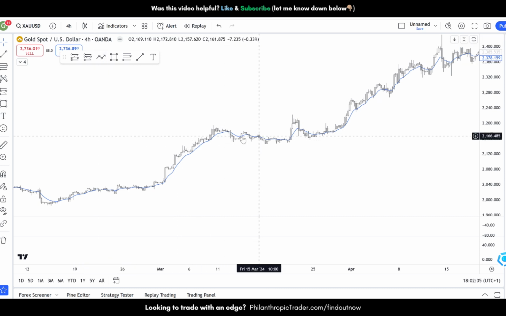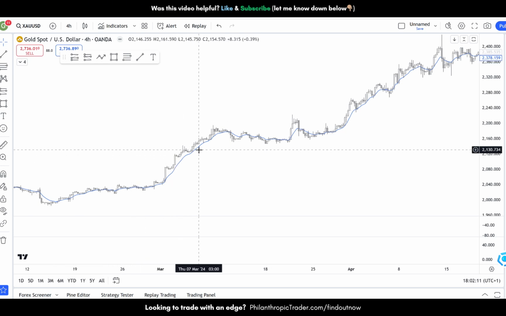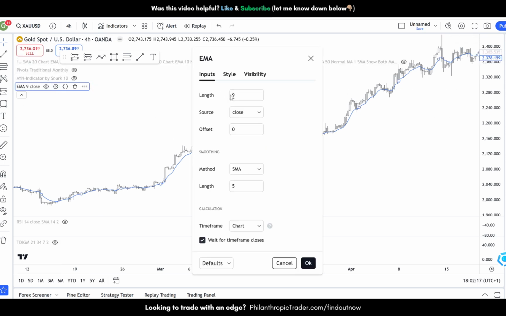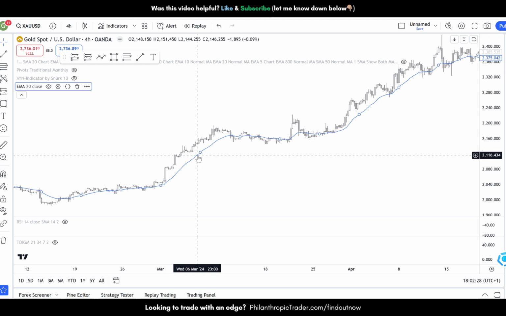Over here you see a blue line, and the blue line indicates, let me show you, the price for the last 9 bars. This is the average of the last 9 bars. But if I use the 20, it averages the last 20 bars, right?